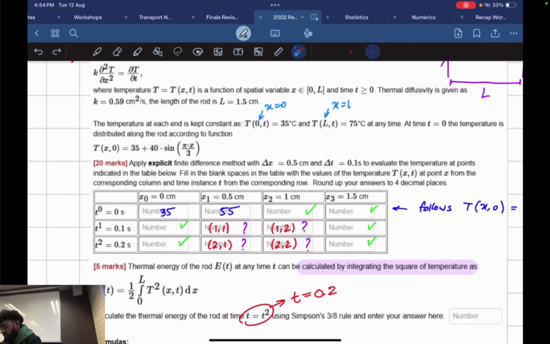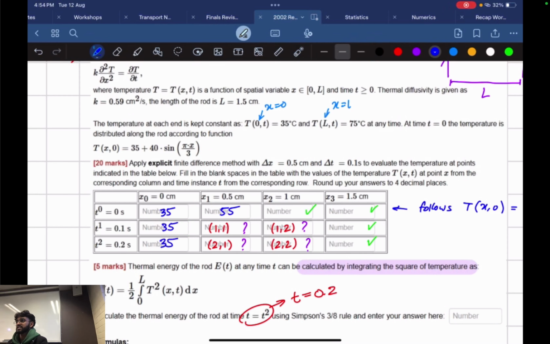Okay, how about these two numbers? Both of them going to be 35? Yeah, why? Because x equals 0. Exactly.